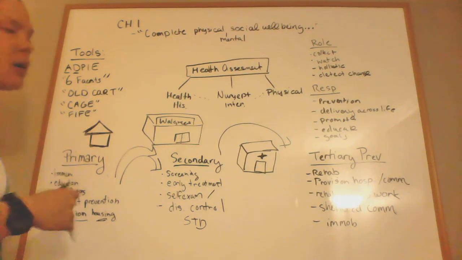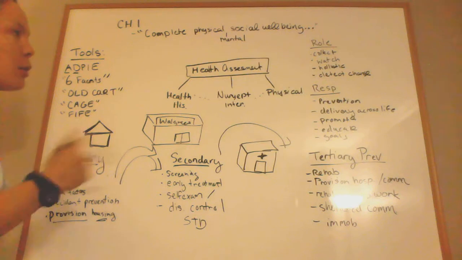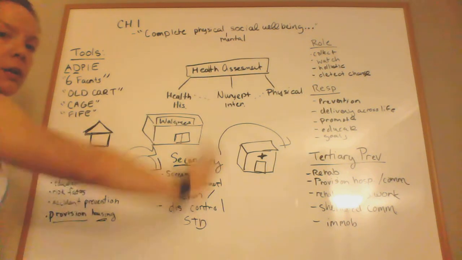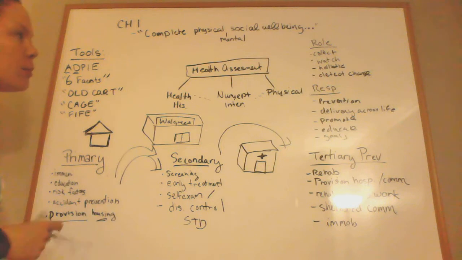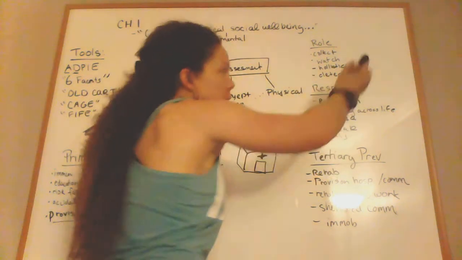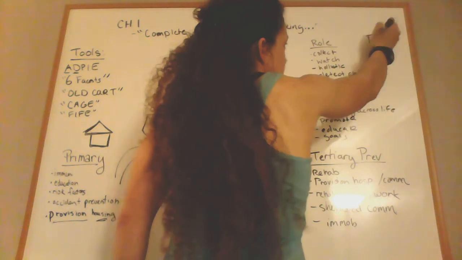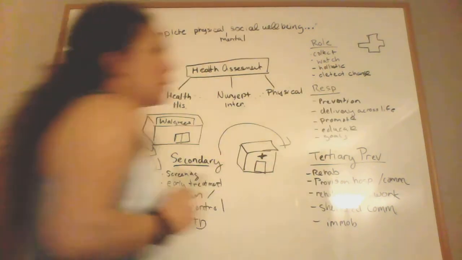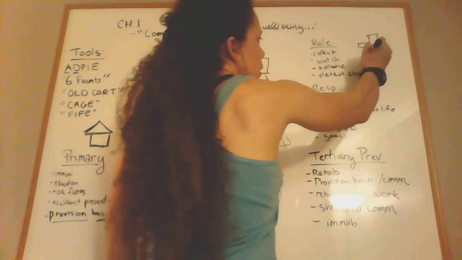So throughout this entire process, the nurse has specific roles and responsibilities that have to do with this entire huge health assessment process. Okay, so the nurse has specific things that she's supposed to be doing, or he, depending. All right, so here's my nurse.